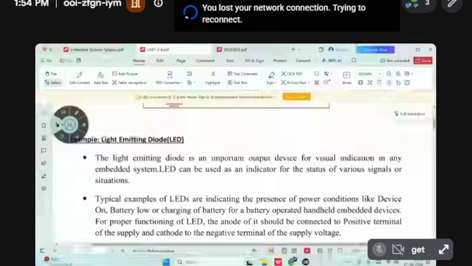Suppose we have an LED, right? So light emitting, right? With the help of that LED, I would like to emit a particular signal, so it may be light, right? So we have an LED bulb.